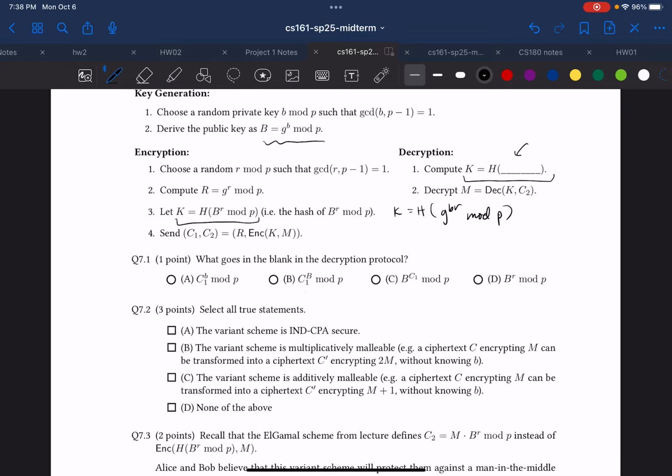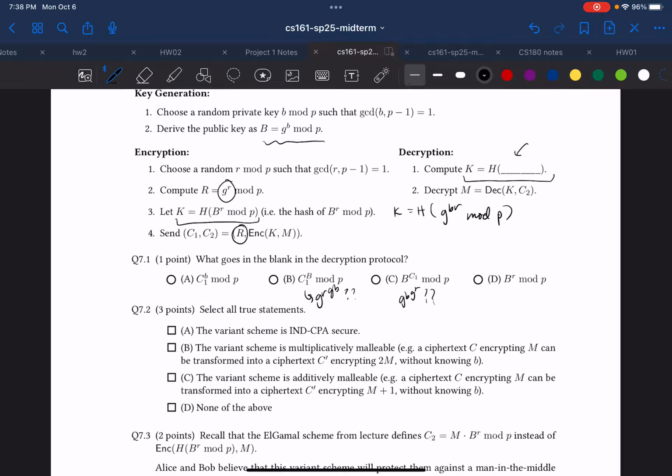For example, for B, C1 is g to the r, and then b, as we said before, is g to the b, but this doesn't make a lot of sense, and reversing it doesn't make it better. So B and C are out.